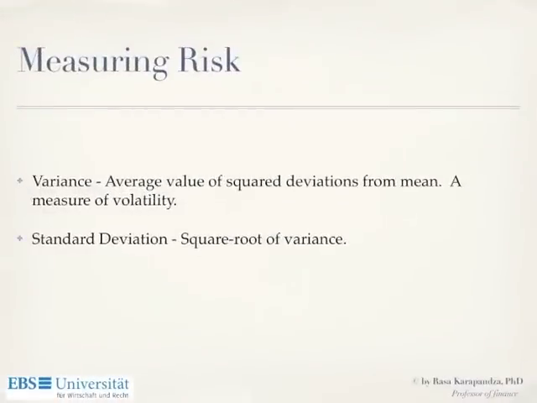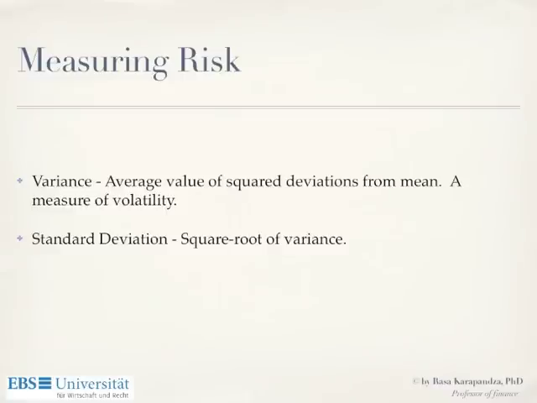So, what is the variance? Variance is the average value of the squared deviation from the mean. And what is the standard deviation? It's the square root of the variance. Okay, so these are going to be our measures of risk in this class. In the next class, we will refine these things. We will improve upon this.